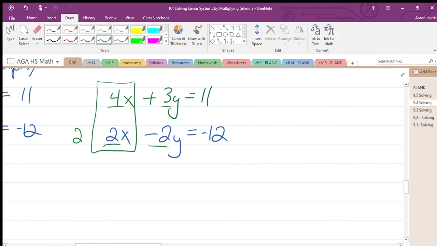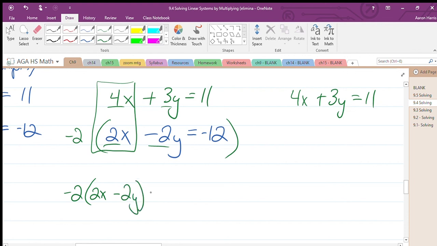But remember, I want the additive inverse. So 2 times 2, they're both positive. If I make this a negative 2, what am I going to get? Negative 2 times 2 is negative 4. And now I have the additive inverse. So the law of math says what I do to one side, I must do to the other. So here we go. 4x plus 3y is equal to 11. Now this says negative 2 times (2x minus 2y) equals negative 12.